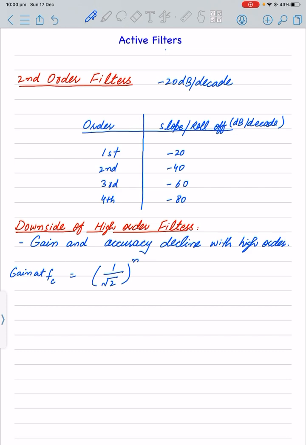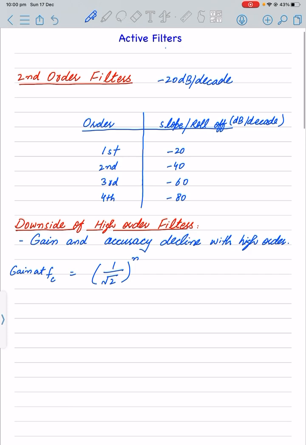That's why we move towards the higher order filters. Second order filters are achieved by cascading, or joining together, two first order filters. In this way, by cascading, we can achieve higher order filters.